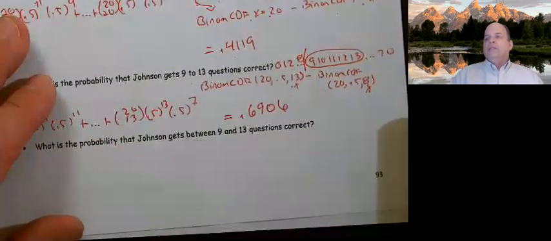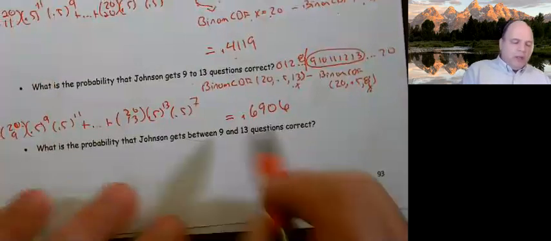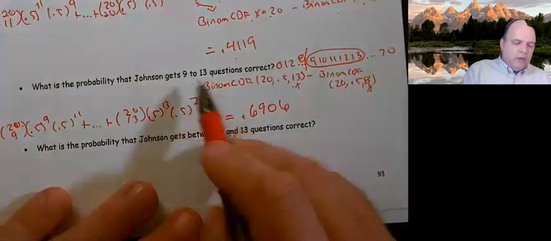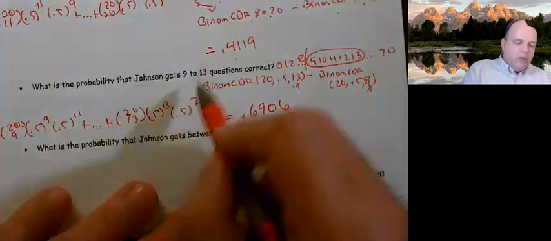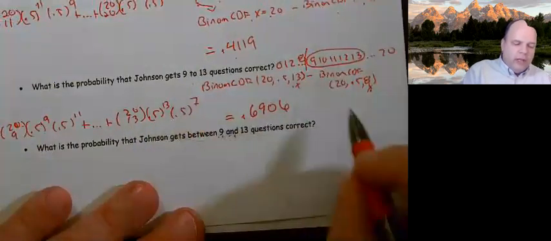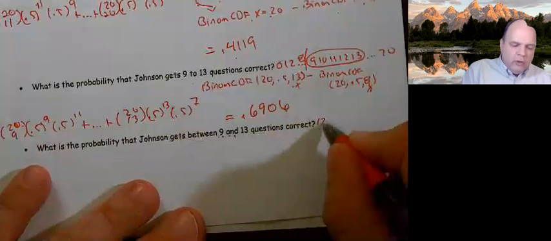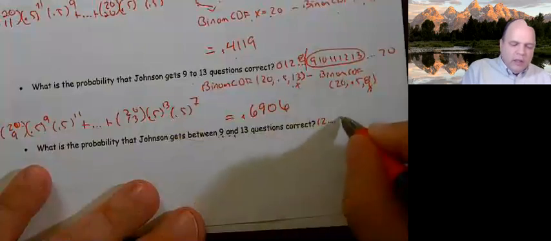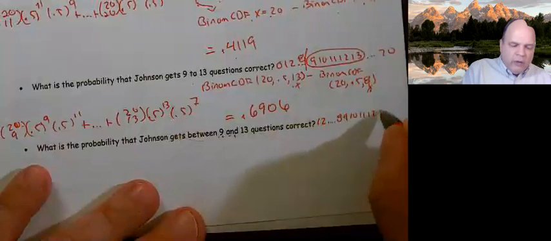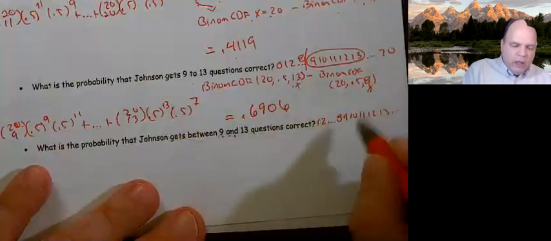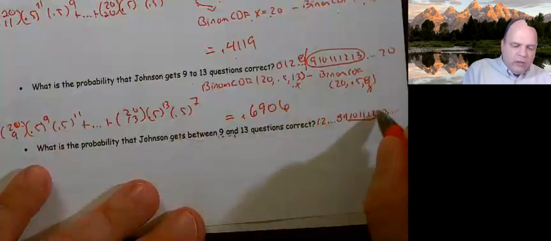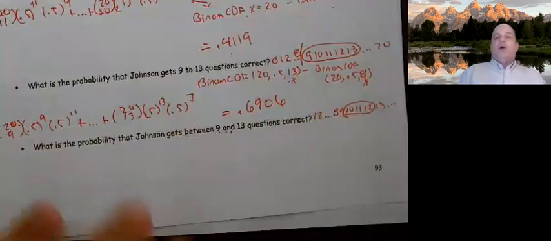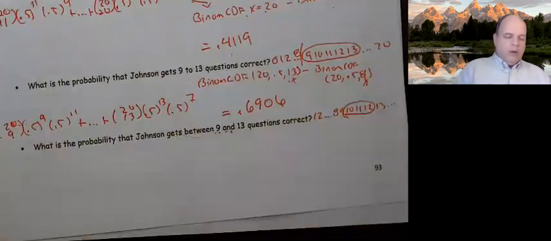All right. What is the probability he gets between 9 and 13? Notice between 9 and 13 means we have 1, 2, ..., 8, 9, 10, 11, 12, 13, ..., to 20. Well, between 9 and 13 is 10, 11, and 12. So I'm really just interested in 10, 11, and 12.